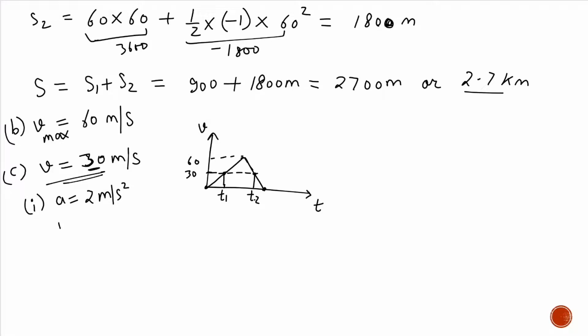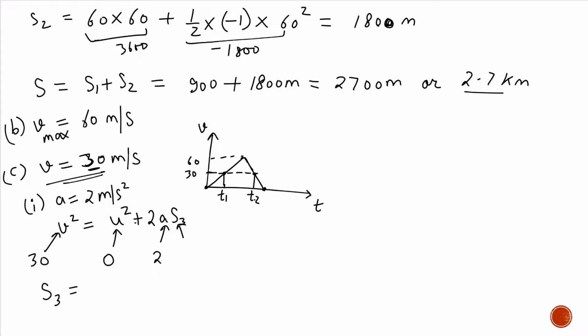Let us use the third equation of motion, that is V square is equal to U square plus 2AS. We have to find this S. The final velocity is 30 meter per second, since we have to see when the train reaches 30 meter per second. Initially the velocity of the train is 0. The acceleration of the train in this case is 2 meter per second square. So let us say this is S3.